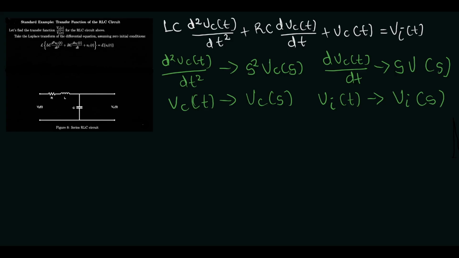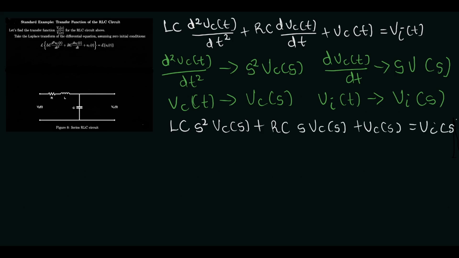So substituting this into the formula, we have LC s squared Vc of s plus your RC s Vc of s plus Vc of s equals Vi of s.